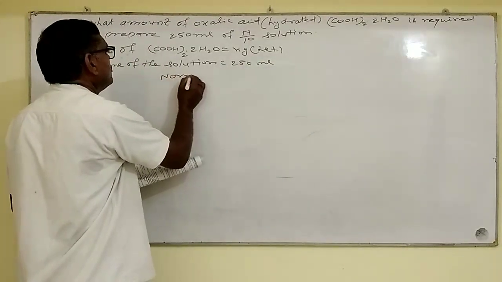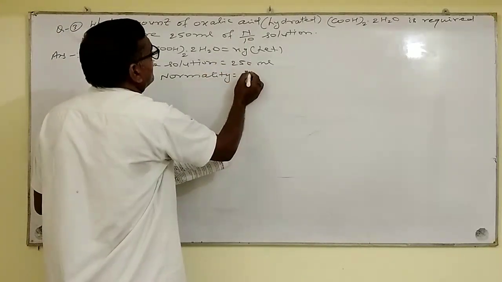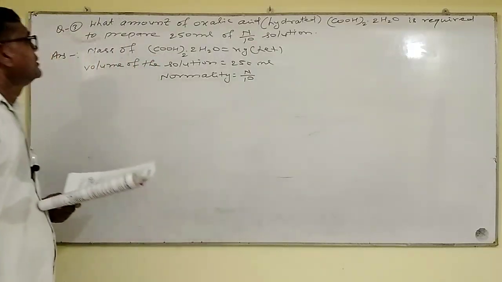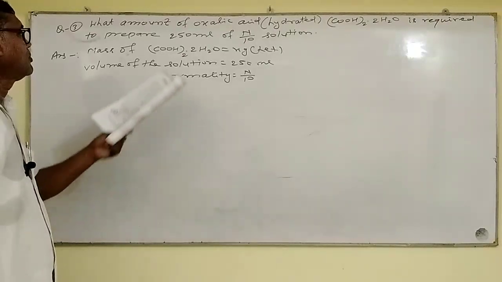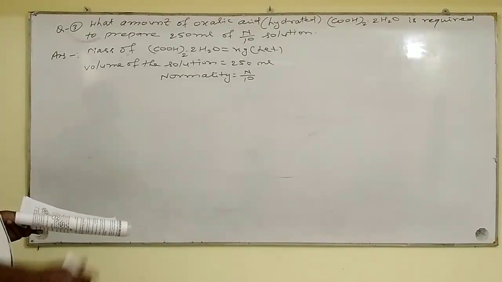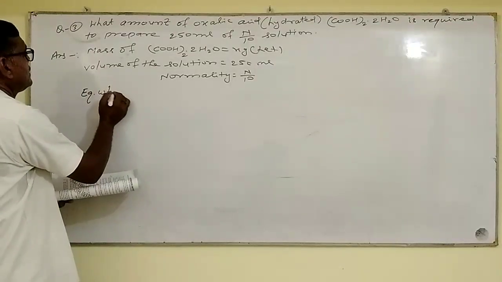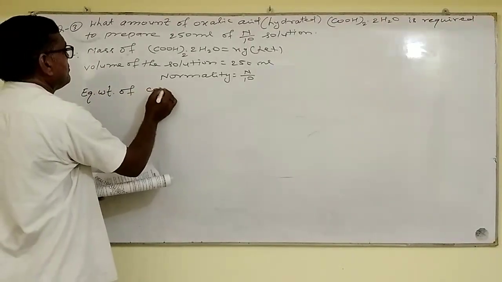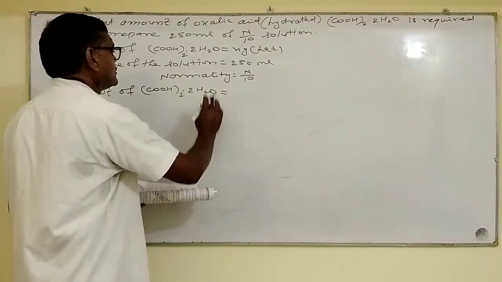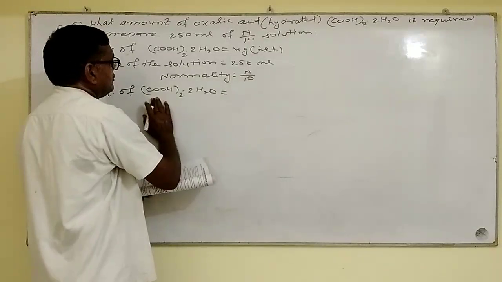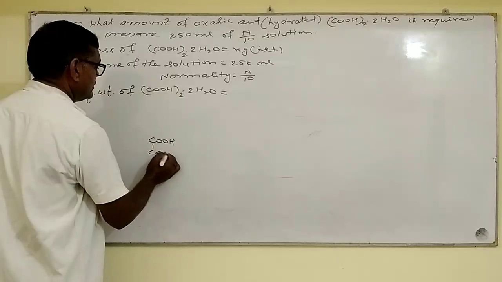Normality is equal to N upon 10. First of all, we calculate equivalent weight of oxalic acid. Here we write equivalent weight of (COOH) whole twice into 2H2O. First of all, here we write molar mass of oxalic acid.